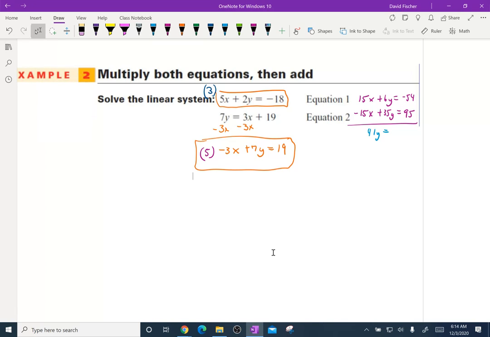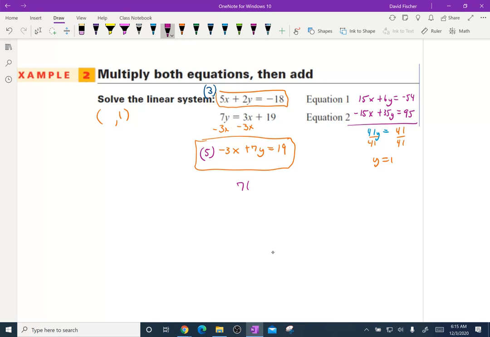Now let's work on it. That's a 41. Oh, that's nice. So now if I divide by 41 on both sides, I get y equals 1. Nice. That worked out good. So I'm going to write my answer over here, 1. Now I just have to go plug it into one of my problems.